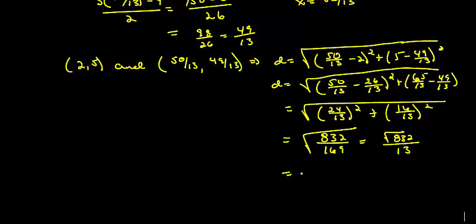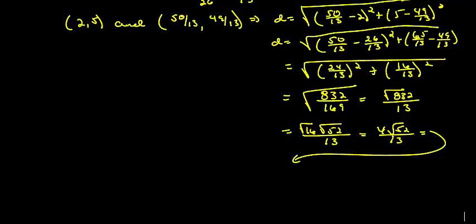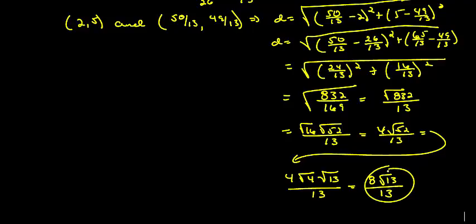So let's pull out the 16. So the square root of 16 is 4, times the square root of 52 over 13. I don't know why, probably because it's getting late. So this is 4 times the square root of 4 times 13, so 64 would have been what it was divisible by. Okay, so 8 square roots of 13 over 13 looks like the distance.